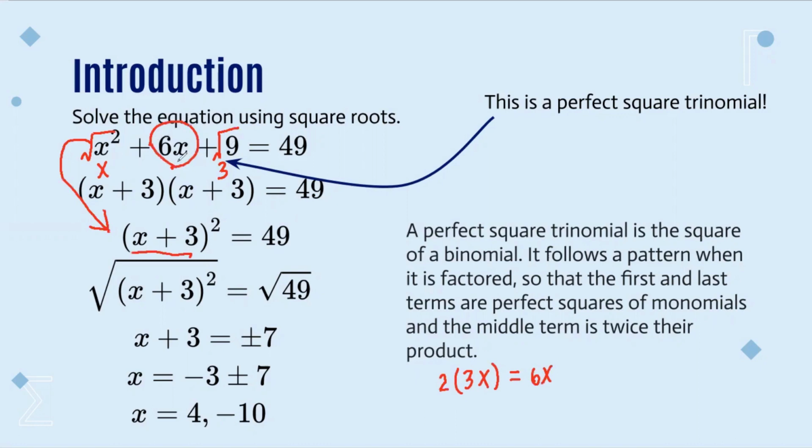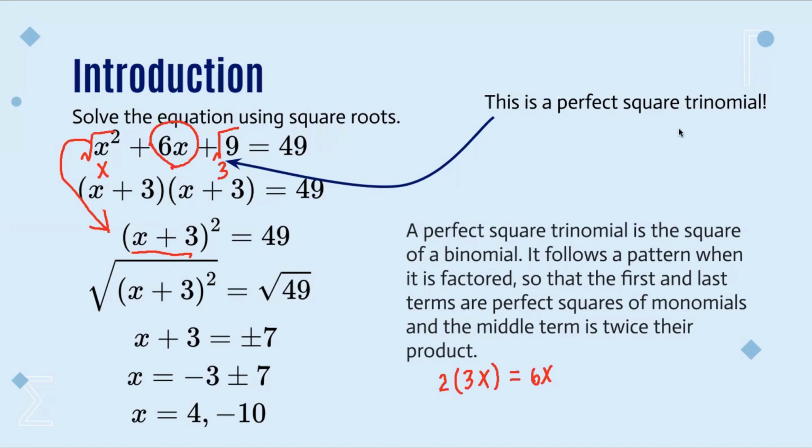So this perfect square trinomial does indeed follow that pattern. You don't need to identify it in the problems that you are doing, but I just wanted to show you this because in today's lesson, we're going to be encountering problems that aren't perfect square trinomials, and we're going to have to make them into perfect square trinomials through using a method called completing the square.